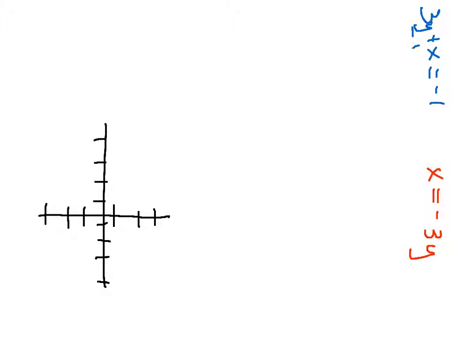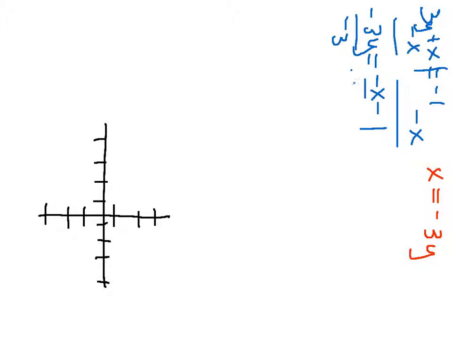So we're going to subtract x from both sides of the equation. That's going to give us negative 3y is equal to negative x minus 1. I divide everybody by negative 3. And that's going to give me y is equal to, oh no, I'm dividing by positive 3. There we go. Make all those positive real quick.